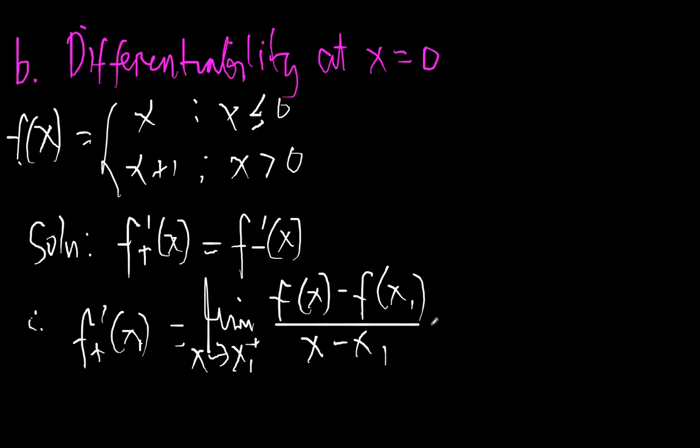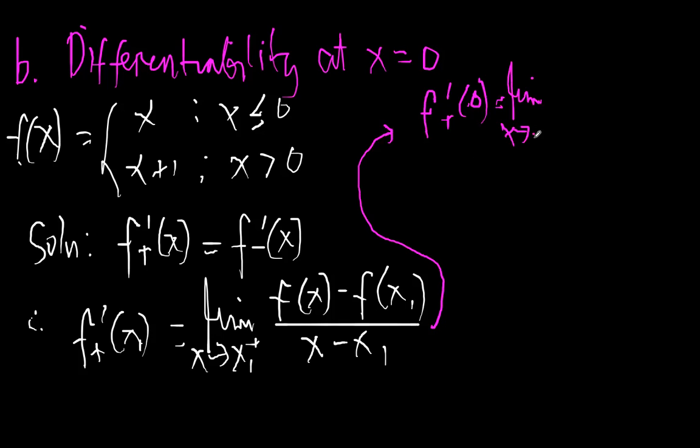Okay, since we're talking about values from the right, now this becomes f prime of 0 from the right is equal to the limit as x approaches 0 from the right of f of x minus f of 0 all over x minus 0.